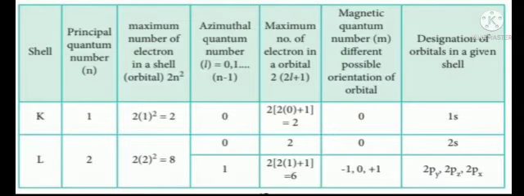The azimuthal quantum number values for this shell are L equal to 0 and 1, which means L equal to 0 is s orbital, L equal to 1 is p orbital. Here, the s orbital contains maximum 2 electrons. The p orbital contains maximum 6 electrons. It is calculated from the formula 2 into (2l plus 1).